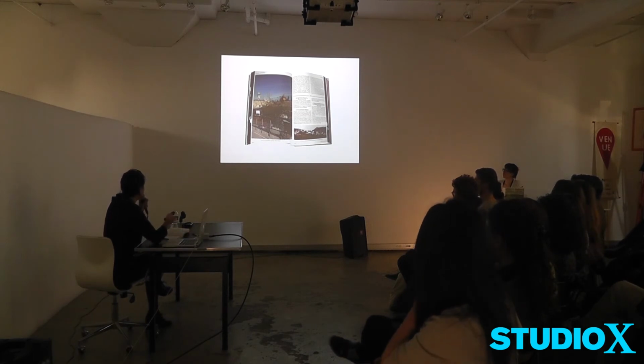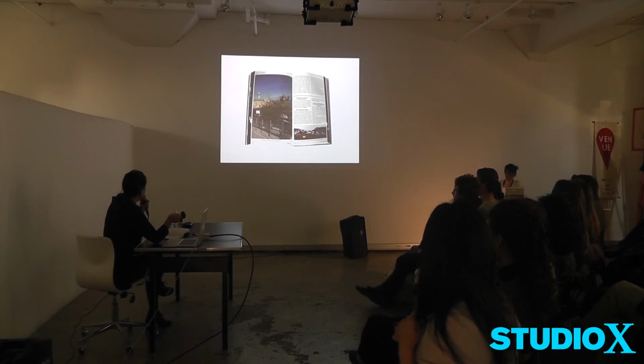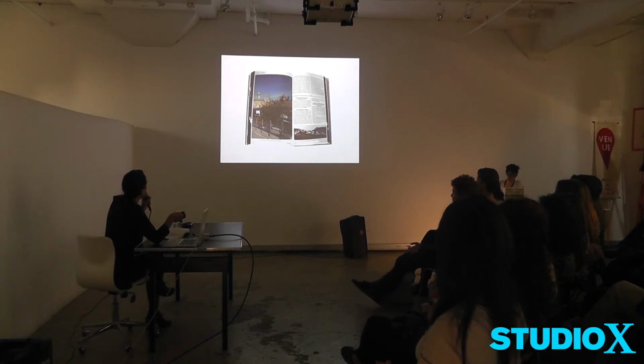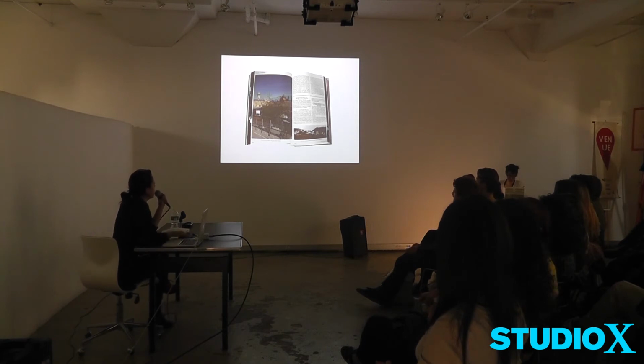Well, there are a lot of different stories that can open up. I don't think you see it well here, but this is a photo of Ein Hod, one of the unrecognized Palestinian villages, under one of our projects.